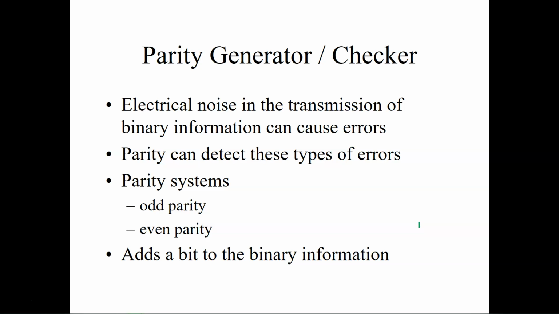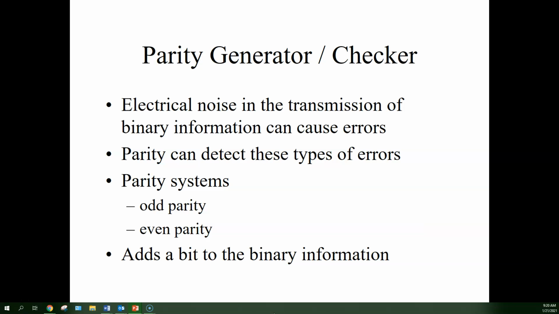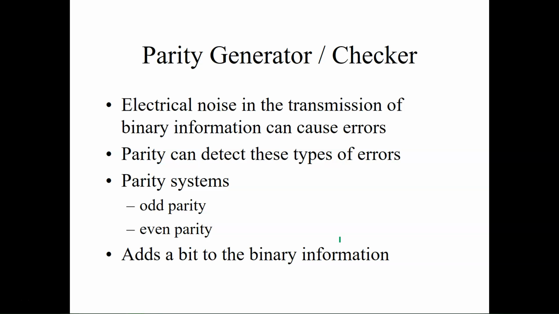So electrical noise in the transmission of binary information can cause errors. So what do they mean by that? It's the fact that your computer, what is it thinking? How is a computer programmed, guys? Ones and zeros.